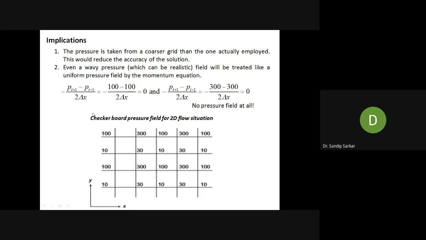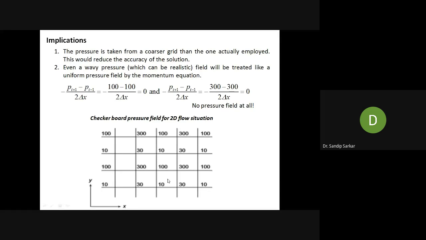You may have a pressure field something like this: 100, next point 300, then 100, 300, 100, then 10, 30, 10, 30, 10, then 100, 300, 100, 300, 100, 10, 30, 10, 30, 10. This kind of pressure field is called a checkerboard pressure field.